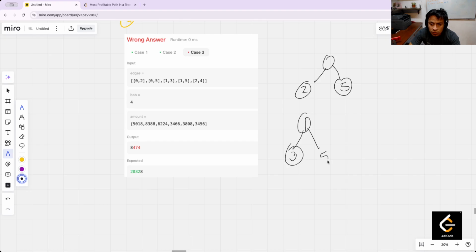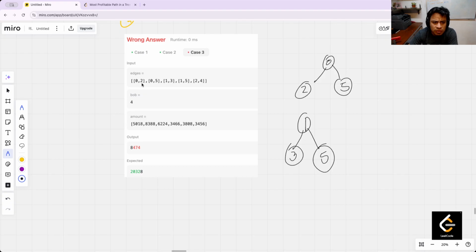Now 1 is connected with 5. 2 is connected with 4. That is connected to 3.